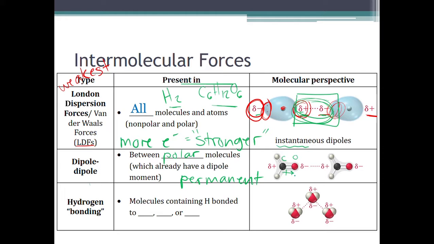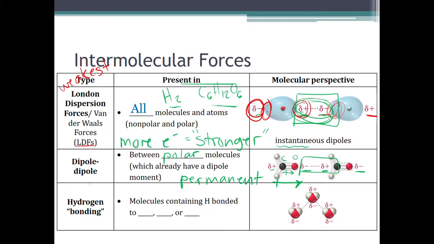This bond between carbon and oxygen is a polar bond, which means this molecule is a polar molecule. It's always going to have a negative end and a positive end. So when you put it next to another formaldehyde that always has a positive end and a negative end, you're going to have the same positive to negative attraction. But since this dipole is always here, this attraction is always here, it doesn't depend on the random motion of electrons, it's a little bit stronger because it's more dependable, because it's always here.